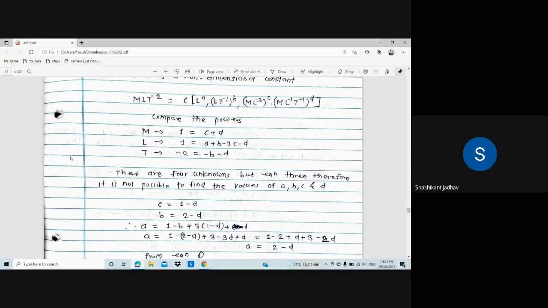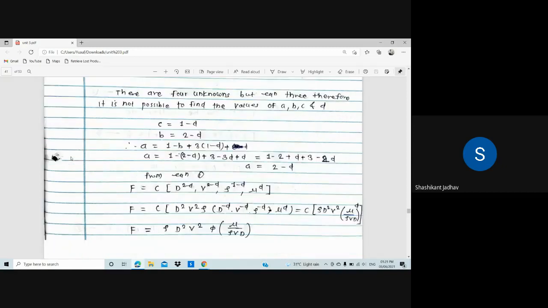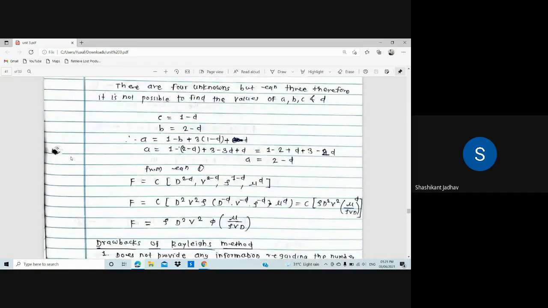Therefore it is not possible to find the values of a, b, c and d.